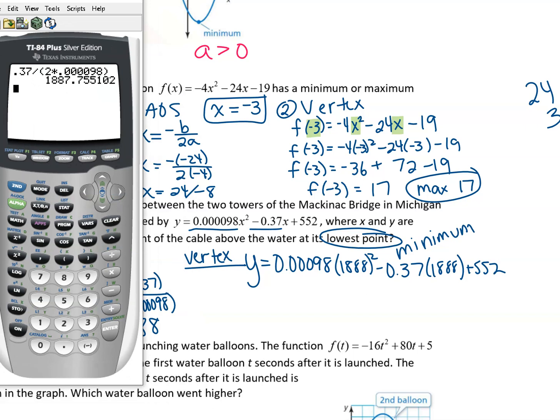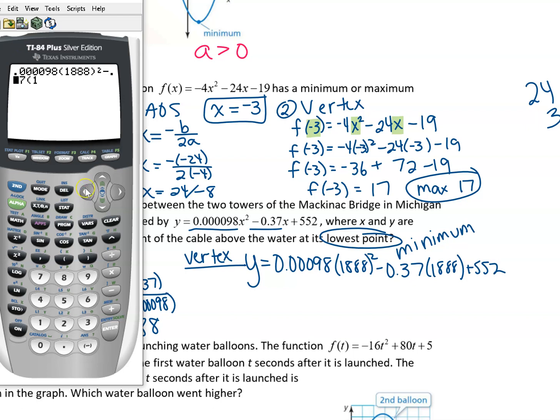Right there. So I'm going to hit clear, and I'm going to type it in just like that. 0.0000098 times 1888, close parentheses, squared, minus 0.037. Oops, thank you.